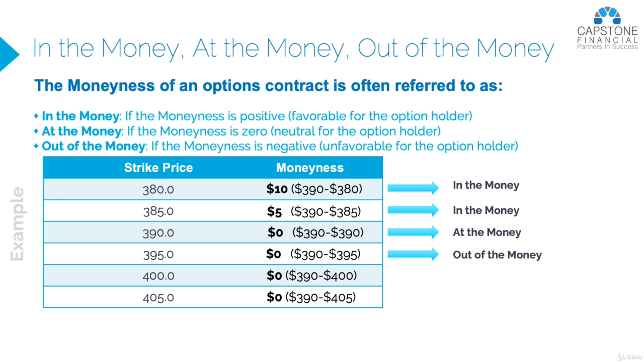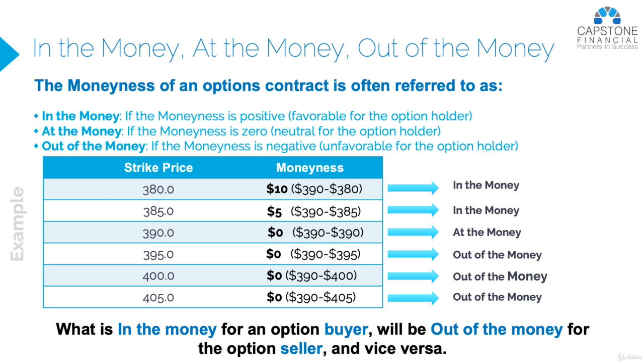If we calculate the strike price minus the price of Apple on the open market, we are out of the money. Same for the $400 strike, and same for the $405 strike.